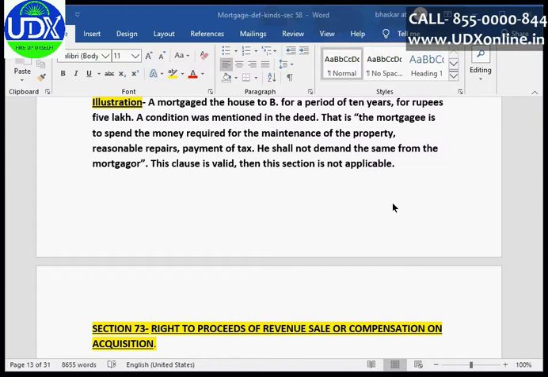Sir, paying of periodical taxes to the government. And if in cases of default, then government will give notice to the owner.